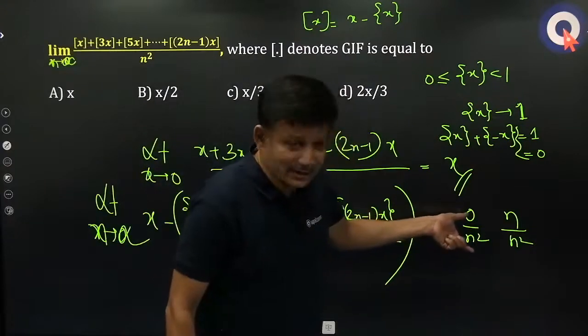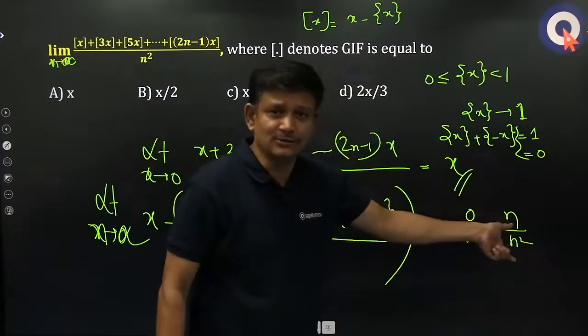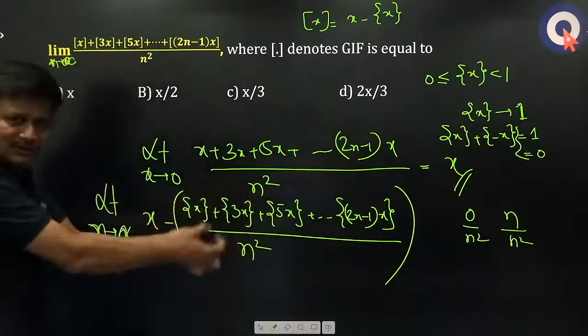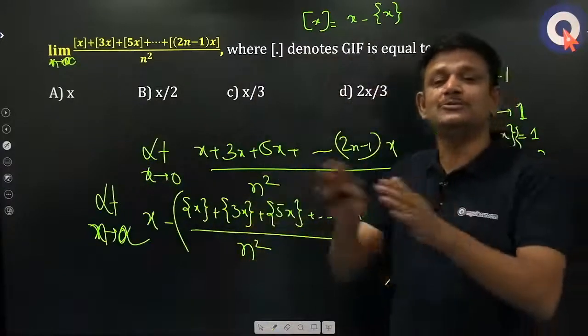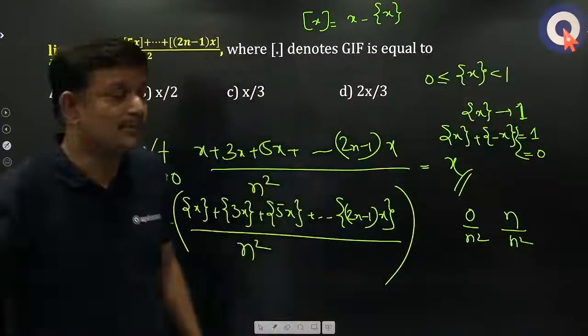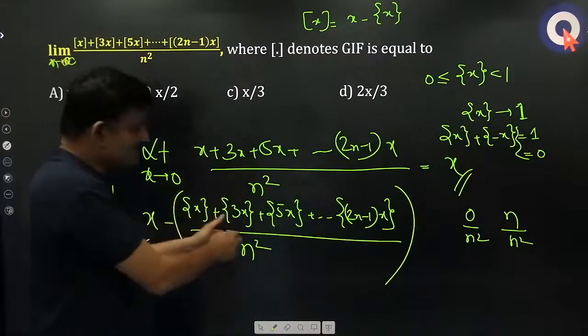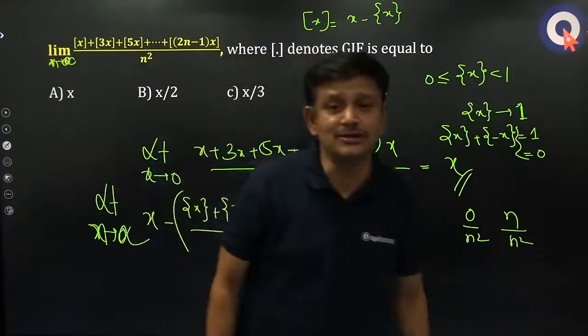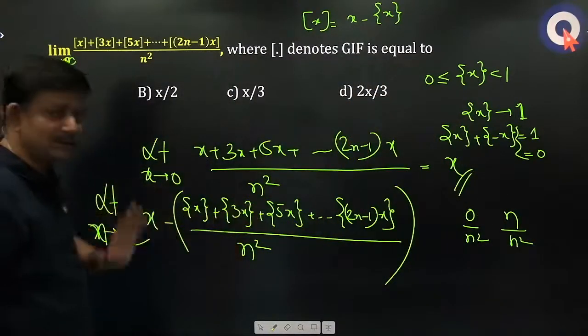When n is tending to infinitely large number, this will be 0, and this will also be 0. So whether it is 0, then also it is 0. Even when it is maximum n, then also it is 0. So whatever is in between, it is 0. By sandwich theorem, you can say least value of this limit is 0, greatest value of this limit is also 0. So whatever be the value of x in between, this will happily be 0.